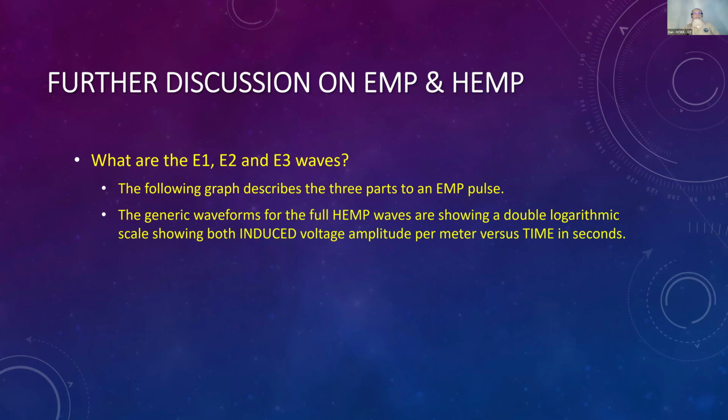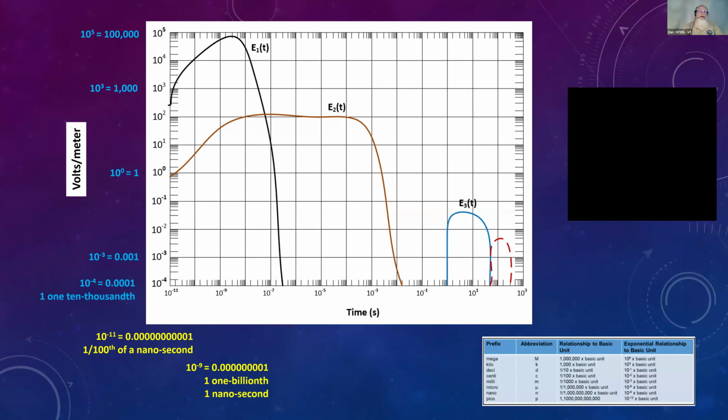And this diagram actually shows it. And I'm going to turn on my laser pointer here and bring this up just so I can describe what we're looking at. This side of the chart is showing volts per meter, okay? The x-axis is showing time in seconds.